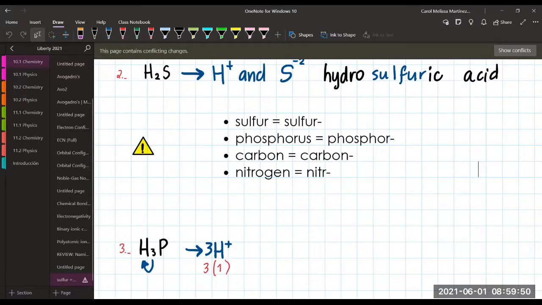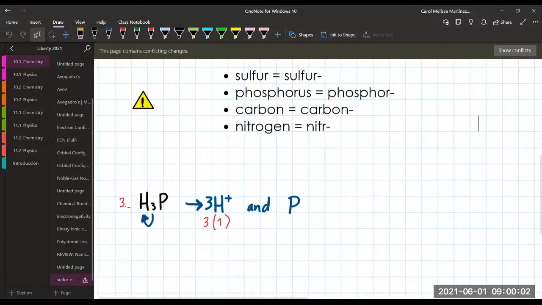Now, about phosphorus. What is the charge for phosphorus? It is in the table. What is the charge of phosphorus? Negative 3. So here we have how many phosphorus? Here it's an invisible 1. Okay? So in other words, this is telling me that I have an invisible 1 amount of phosphorus.